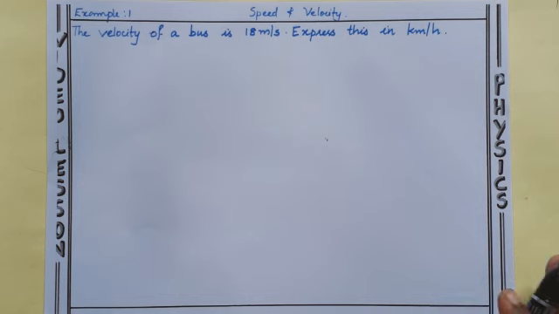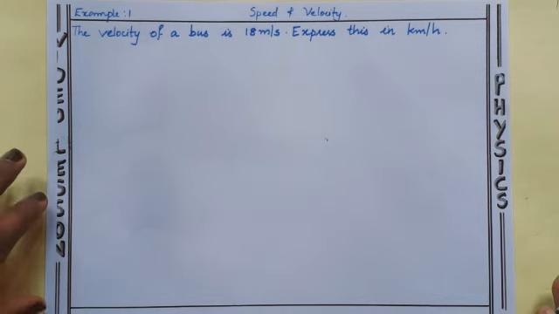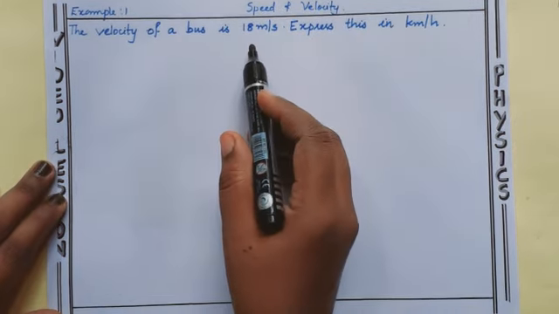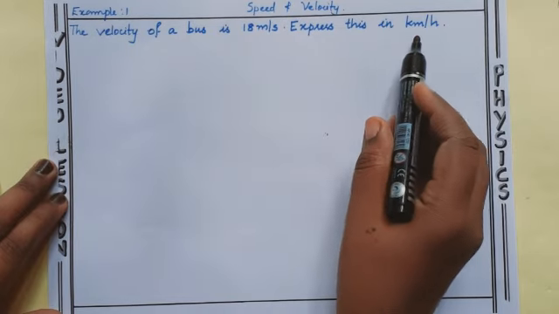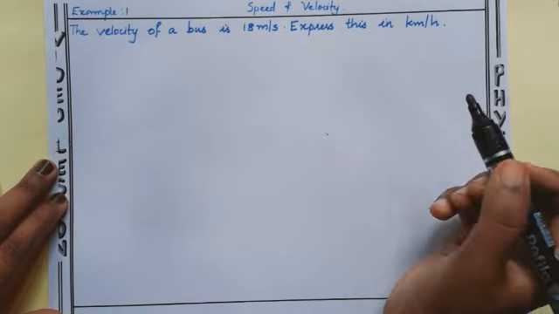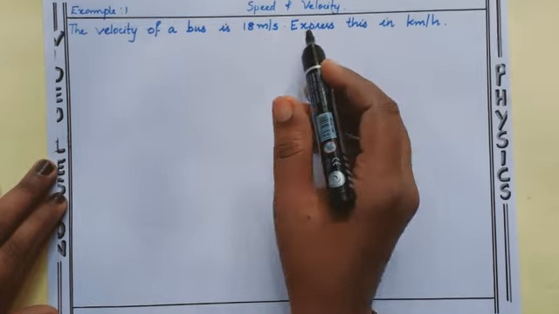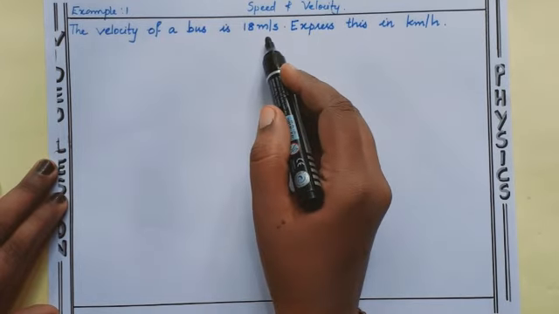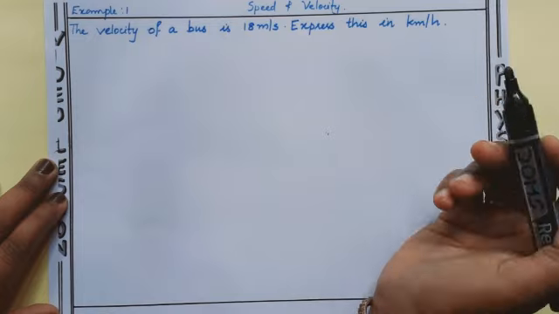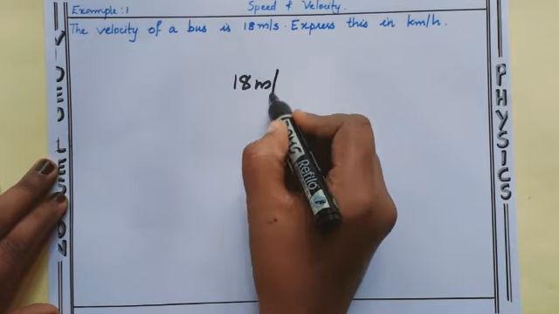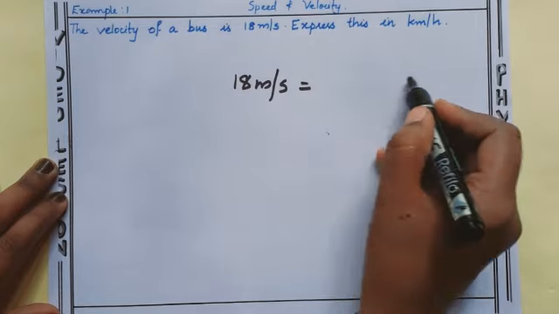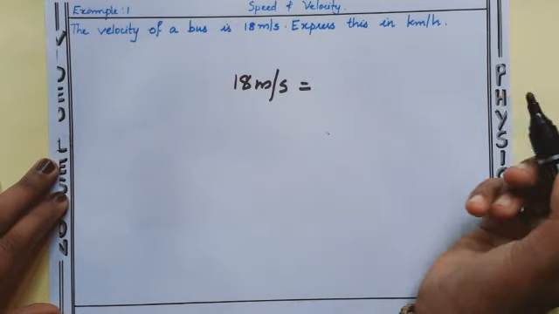Here, one conversion. The velocity of a bus is 18 meter per second. Express this in kilometer per hour. We already discussed how to convert meter per second into kilometer per hour. So 18 meter per second is equal to how many kilometer per hour? That is our question.